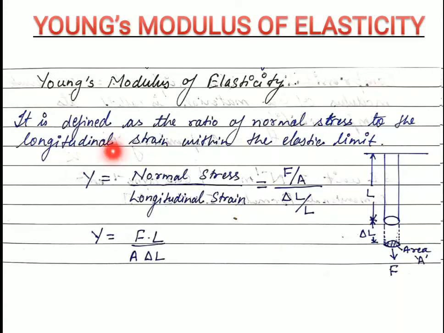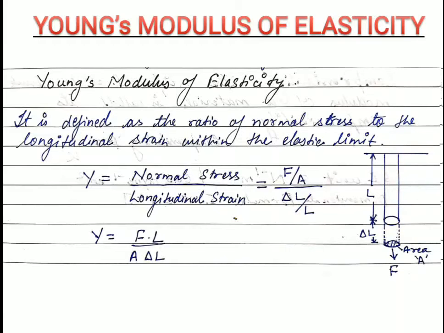So Young's modulus Y is equal to normal stress upon longitudinal strain, and just putting their values, normal stress equals force upon cross-sectional area, and longitudinal strain equals change in dimension upon original dimension, that is change in length upon original length. As you can see, refer to the figure also here.